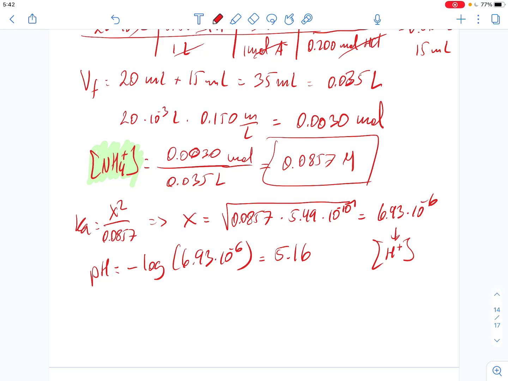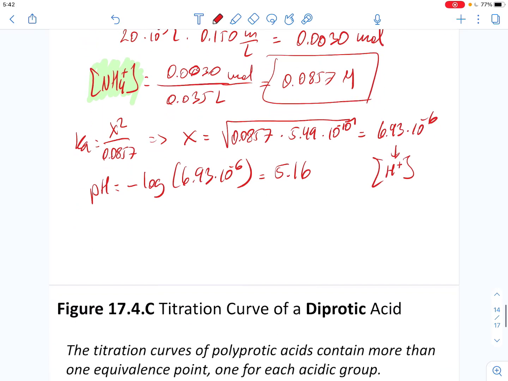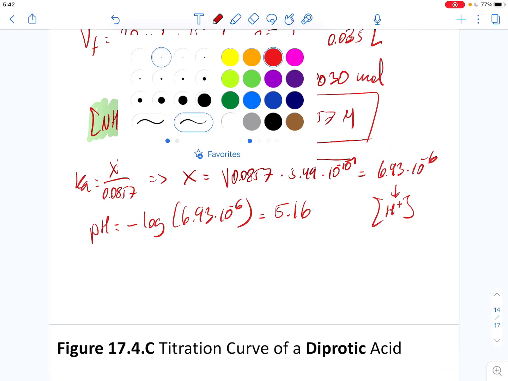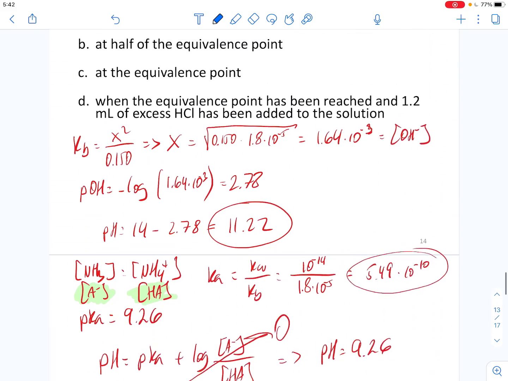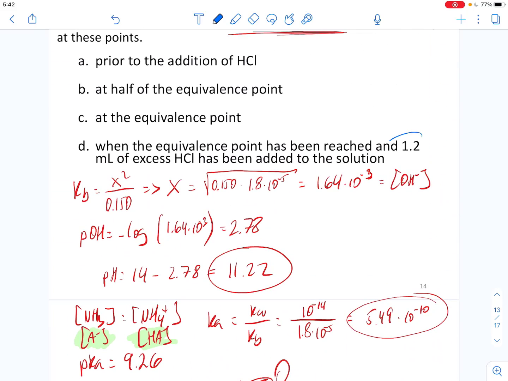So last but not least, the last case is when you have added 1.2 milliliters in excess of HCl. At that point, only the HCl is controlling the pH, and basically the only hydronium coming from HCl is the one contained here in 1.2.